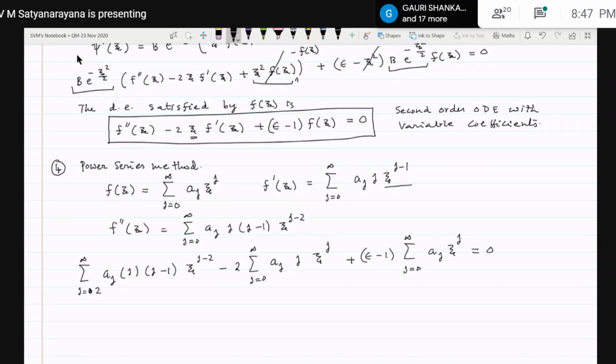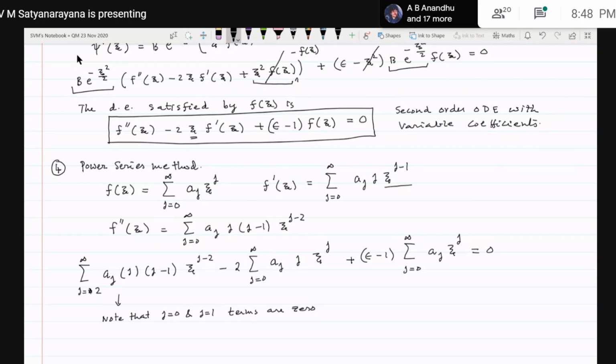Note that j equal to 0 and j equal to 1 terms are 0 because of the presence of j and j minus 1 here. So this is written as j equal to 2. Now this writing it as j equal to 2 is helping us in the following fashion.